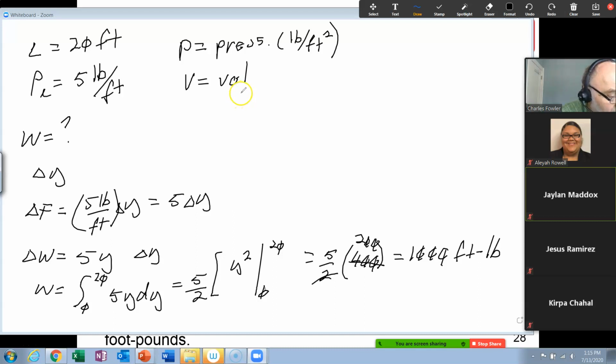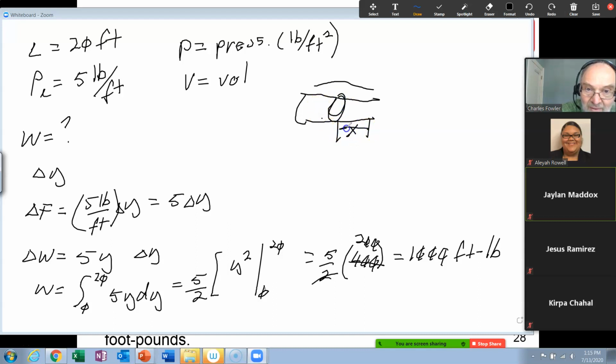Okay, then the work increment involved in moving the piston x feet, delta x feet. So the piston started here. There's your cylinder. It started, and this is your X here, and you're pressing the gas here.